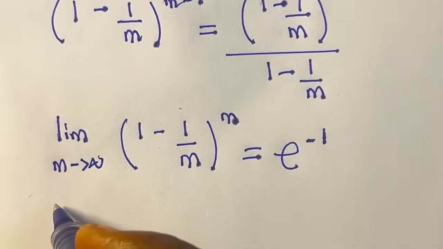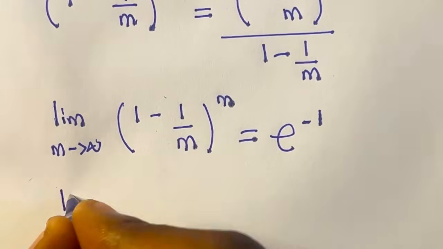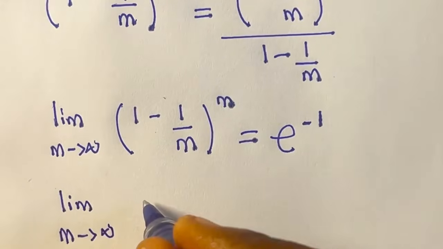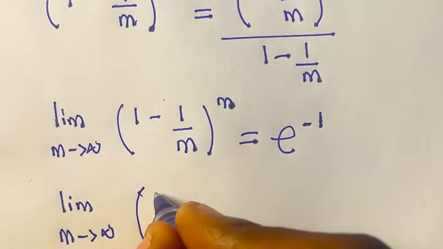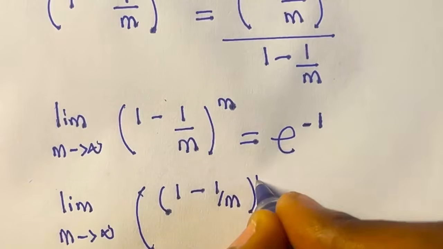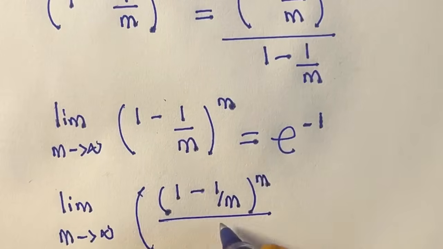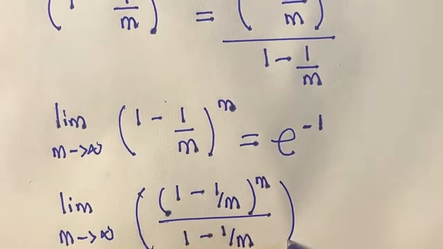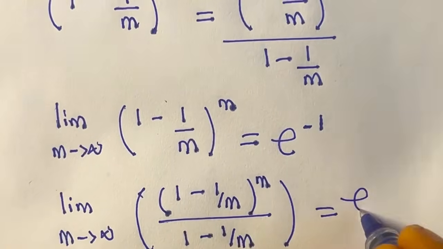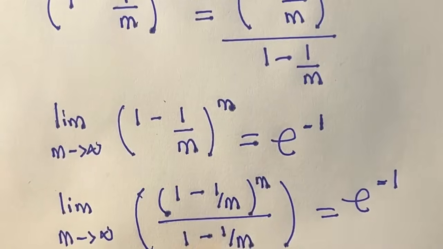Therefore, we have the limit as m tends to infinity of (1 minus 1 divided by m) raised to power m, divided by (1 minus 1 divided by m). I already told you the numerator equals e to the power minus 1, and the denominator tends to 1, which is a constant.